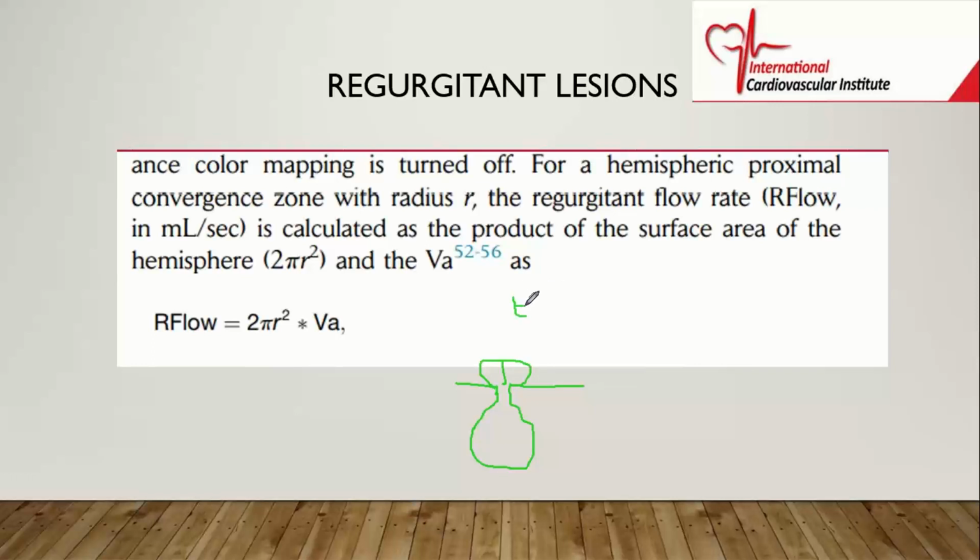That cross-sectional area is what is actually the EROA, because this regurgitation is occurring through this area right there. So that cross-sectional area is EROA, effective regurgitant orifice area. And the velocity that we're talking about is the MR velocity or TR velocity, whatever.